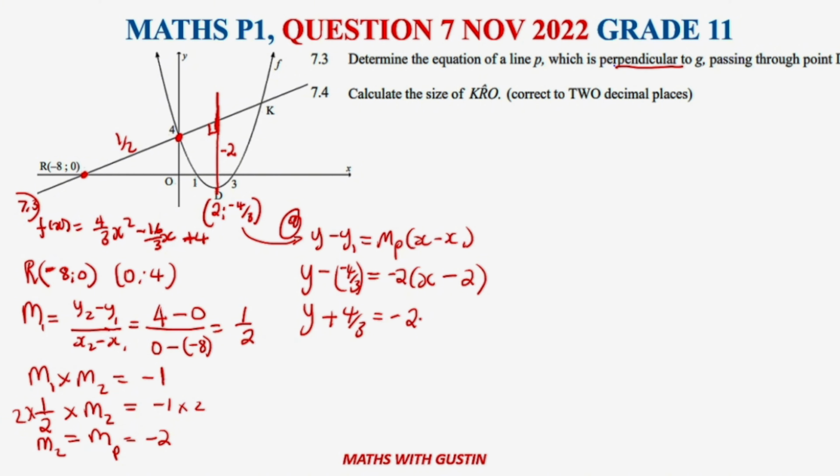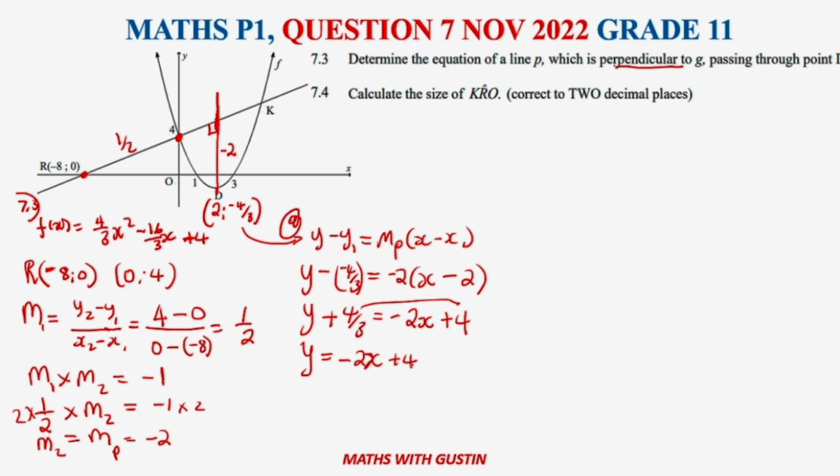I'm removing the bracket here, guys. Negative 2 times negative 2 is going to give us positive 4. Good stuff. So we come here, and I'm going to take 4 over 3 to that side, negative 2x.